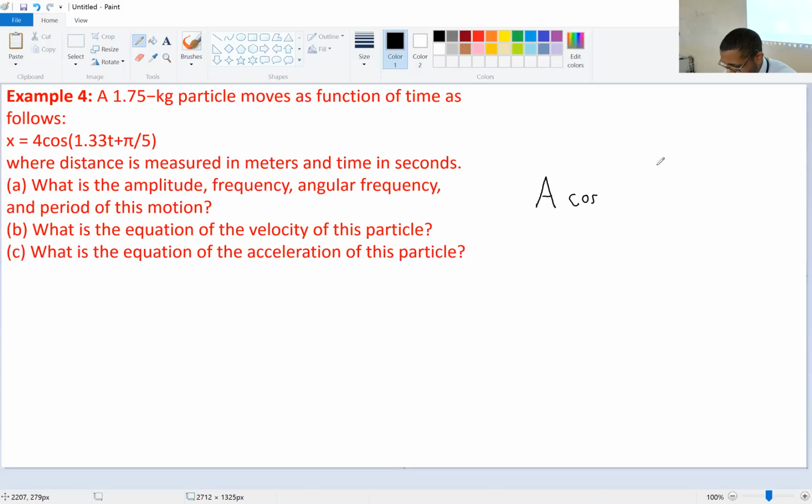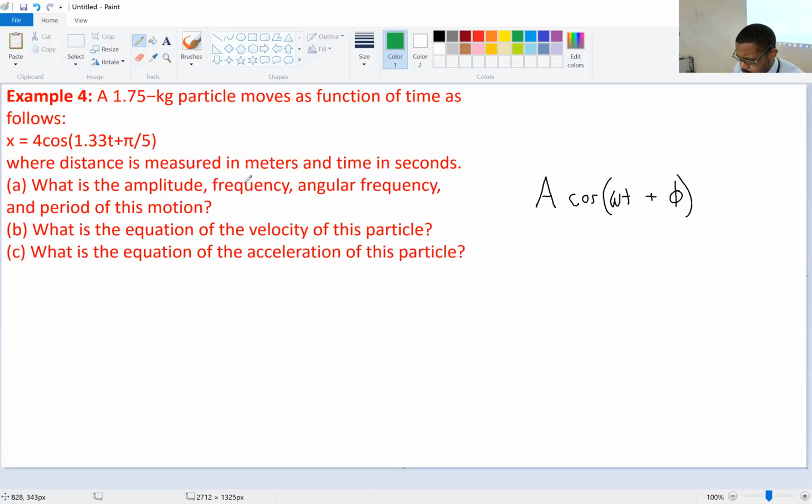The same thing applies for sine functions. So we've got, what do they usually call that? Oh, omega t plus something. And phi is what that is. So we'll just identify each of the parts. That's basically the key of this one.